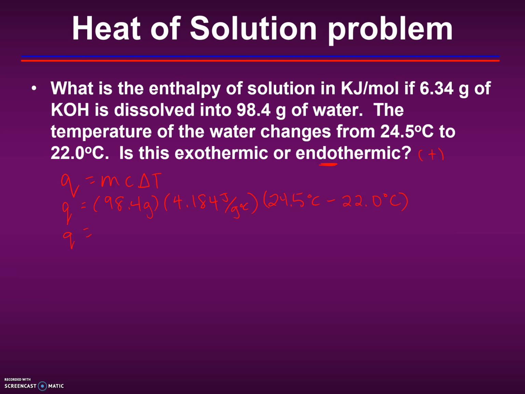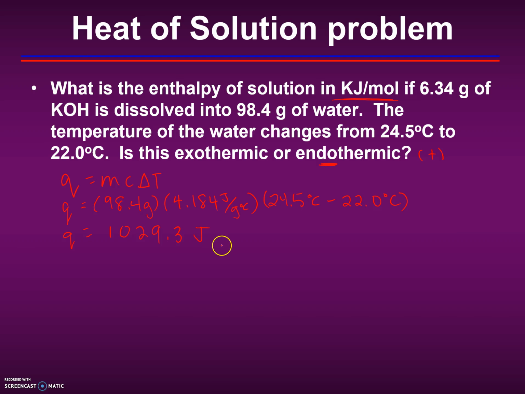I end up with 1,029, and I'm not going to worry about significant figures until my final answer. So don't go crazy with the numbers after the decimal, but here I have 4 significant figures, and even if you wanted to make this 0.3, we're not going to worry about it until we get to the end, and that's joules. Okay? My answer is supposed to be in kilojoules per mole. So I need to take my joules and convert it to kilojoules.